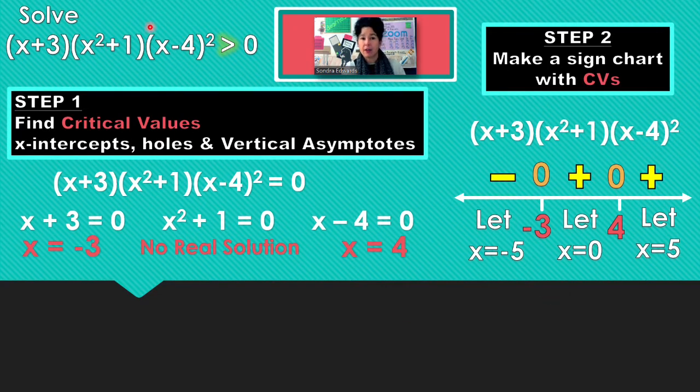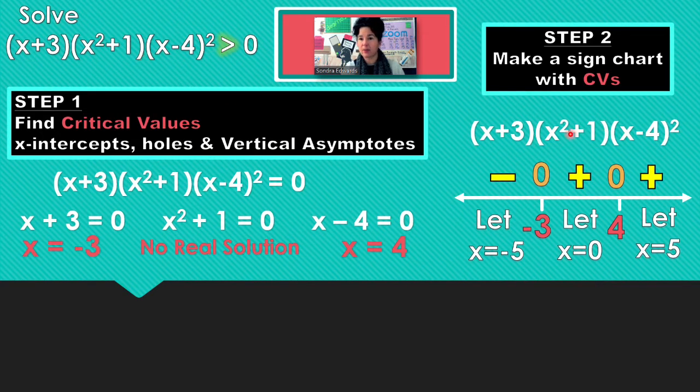We made everything in the original inequality, everything on one side, set to 0, and then we replaced the inequality with an equal sign. We solved that equation. Those are our critical values. We put them on a number line, and then we took the expression that was right here, where it was everything on one side and 0 on the other.